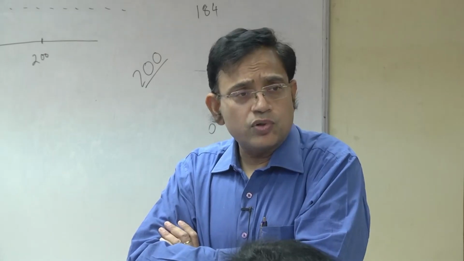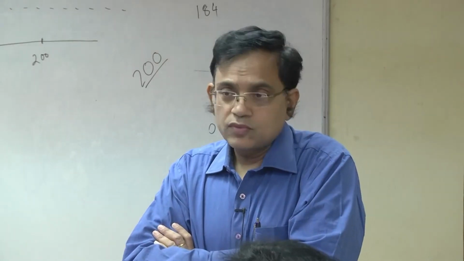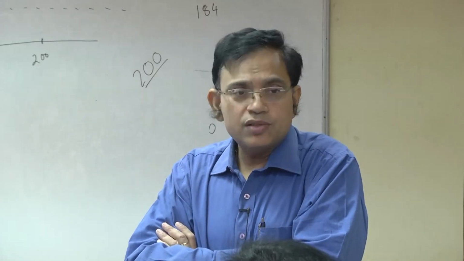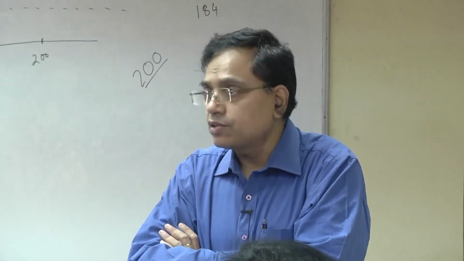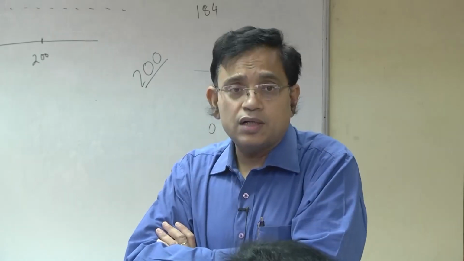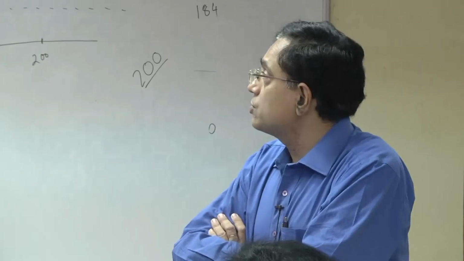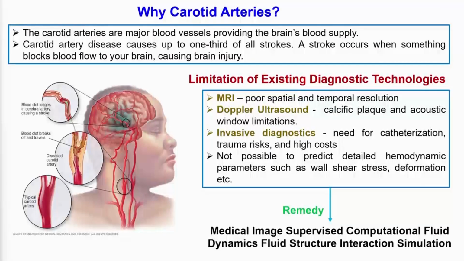Coronary artery is more commonly talked about, being the main ones which come out of the heart, but the carotid artery is no less important because its disease causes up to 1/3 of all the strokes. And as I discussed earlier, the stroke is different from heart attack, that it is just something that blocks blood to flow to the brain.